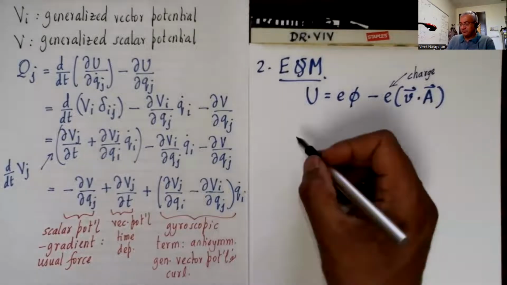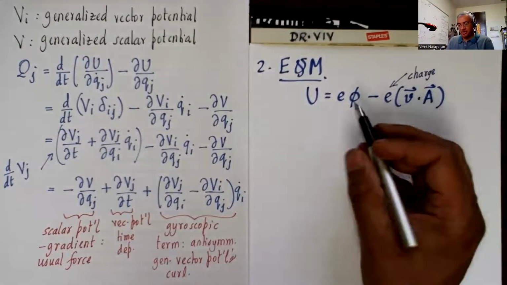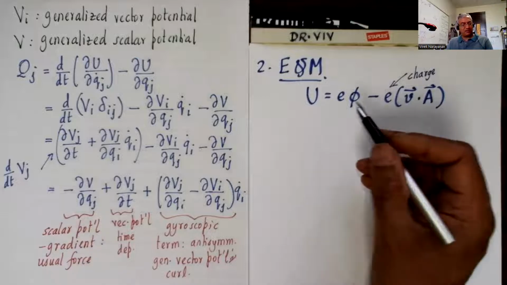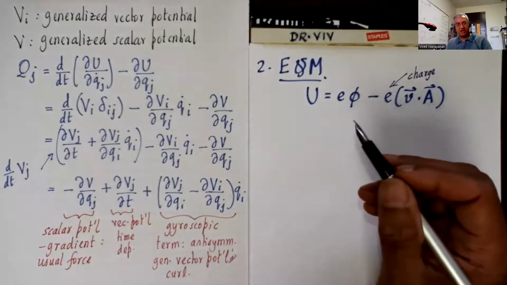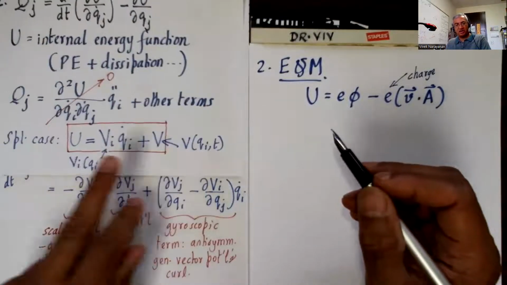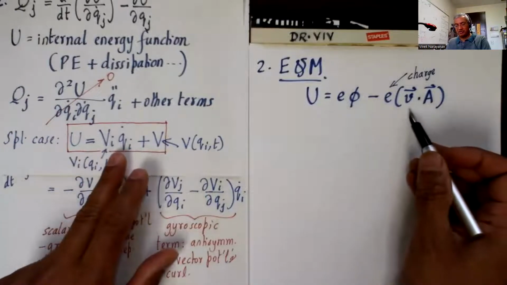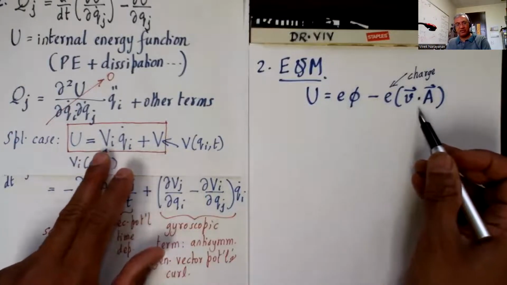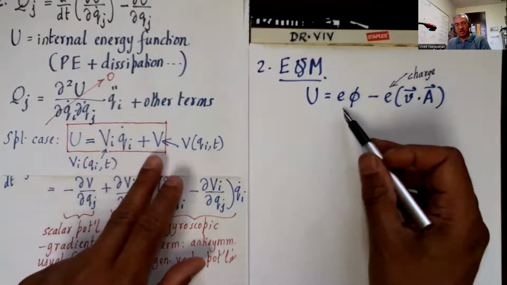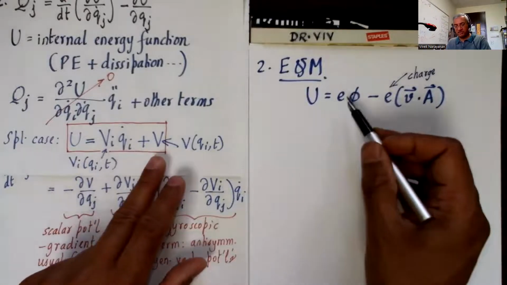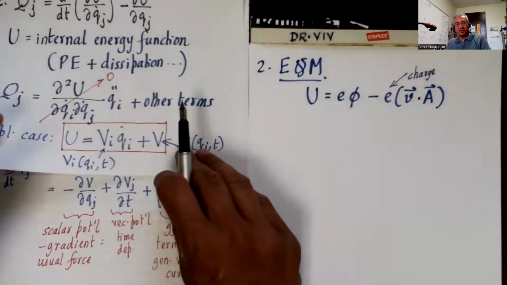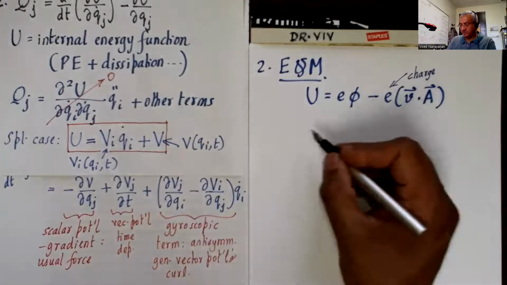So the vector potential, because of this form, whatever appears with a velocity must be V sub I, and whatever appears elsewhere is capital V. So we can identify what our V sub I and V are.